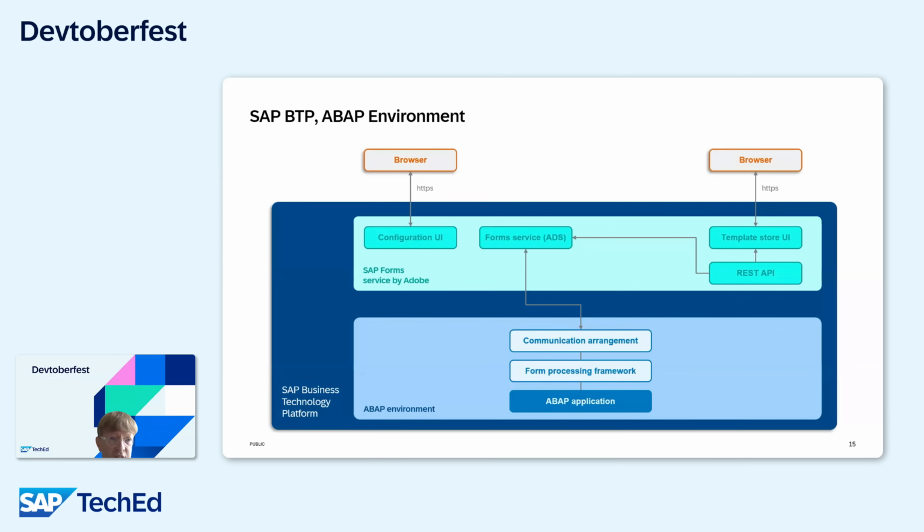I've now got a couple of slides about scenarios. One scenario is a pure cloud scenario. Near the top of the slide in the middle, you can see form service. That's the ADS in the cloud. And right at the bottom of the slide, you can see the ABAP application, also in the cloud, running on ABAP environment. So this is an ABAP scenario on BTP, where the application is running within ABAP environment.